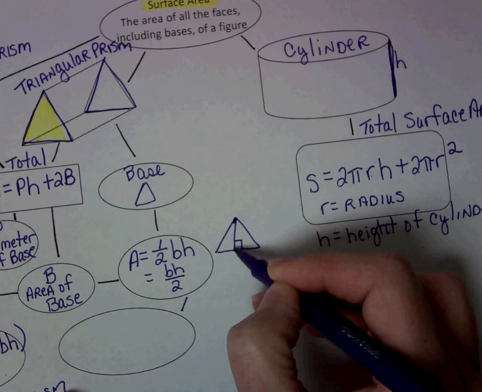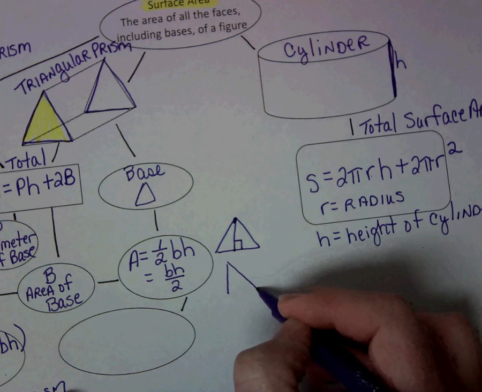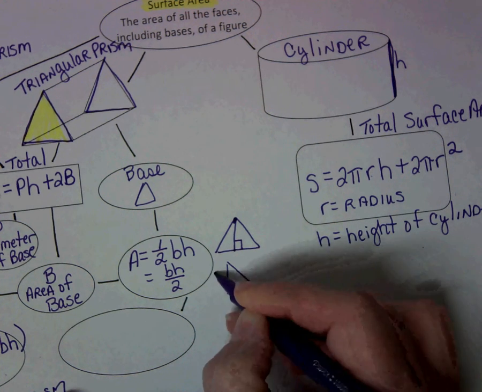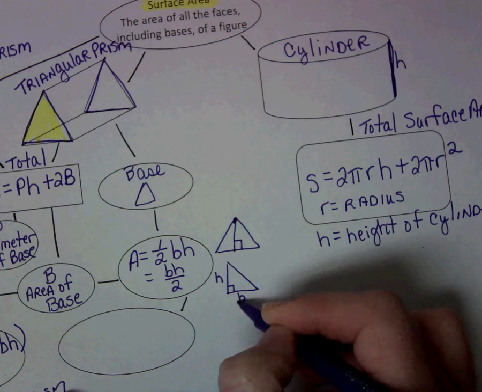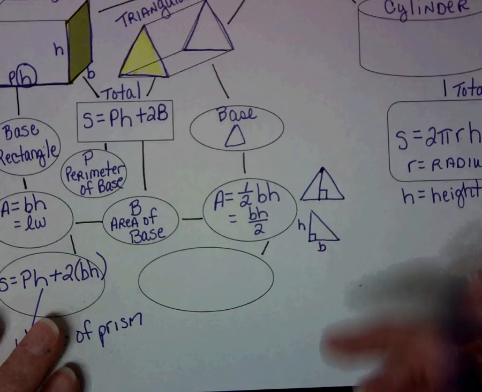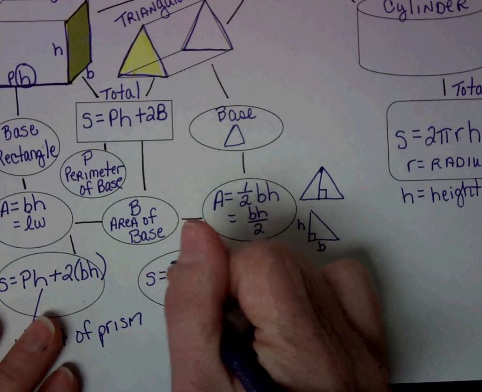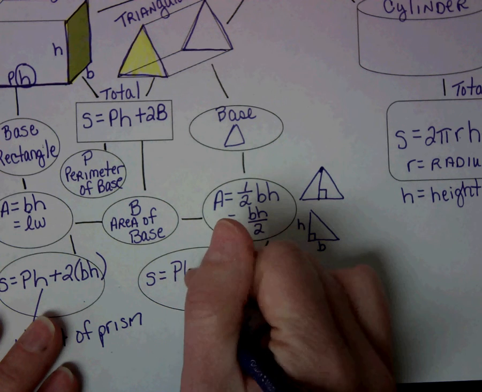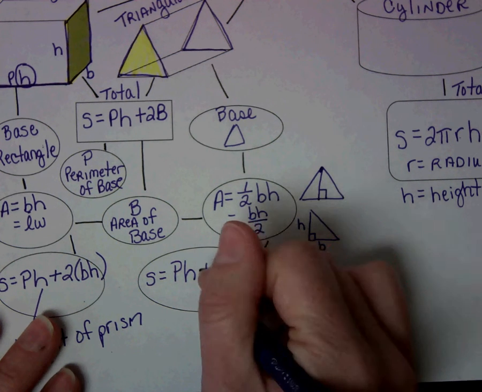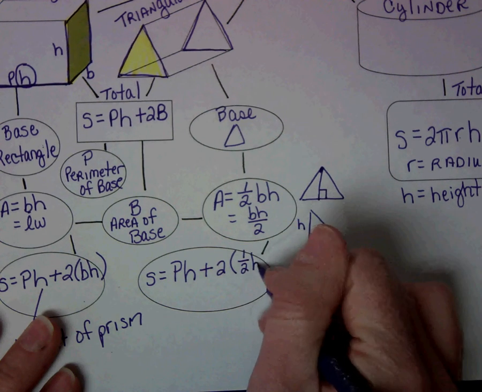So it has to form a 90-degree angle. If we had a right triangle, that's a little bit easier because this would just be the height and this would be the base. So when we go to work this out, we're saying S equals perimeter of the base times the height plus 2 times 1/2 base times height.